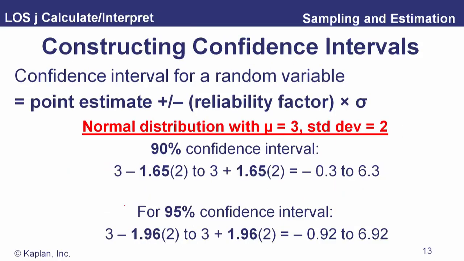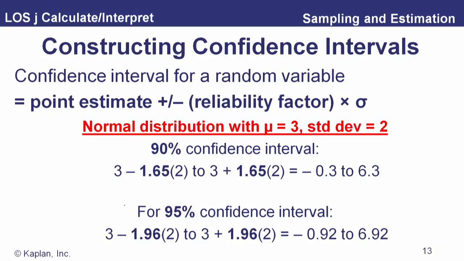So let's build a confidence interval here. We want a confidence interval for a random variable. We're going to take the point estimate, and then we're going to go plus or minus this reliability factor times our standard deviation, or in the case of a mean, the standard error. So consider a normal distribution with mean 3 and standard deviation 2.